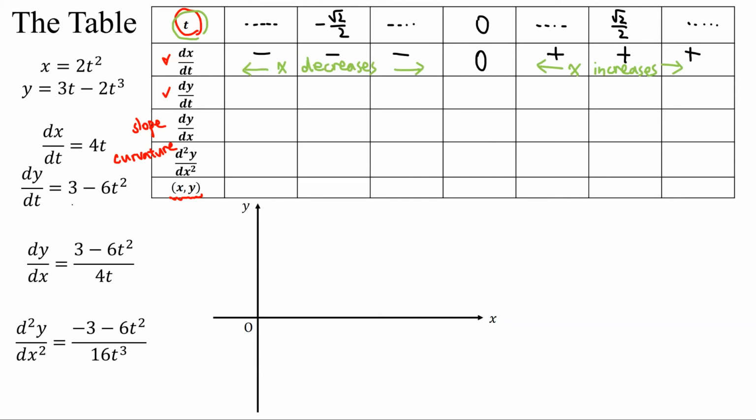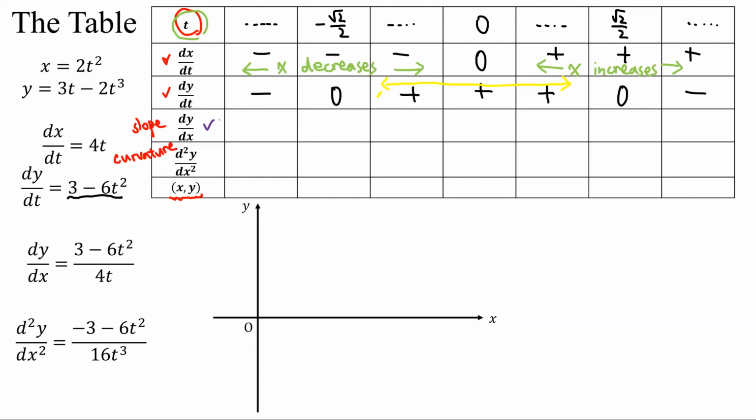We can do similar for dy over dt. So from here, dy over dt is 0 at t equals minus square root of 2 over 2 or t equals square root of 2 over 2. And the sign is positive here, negative here, and negative here, which means that y increases here and decreases in the intervals when it is negative.